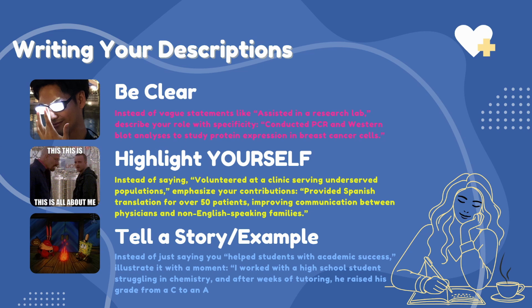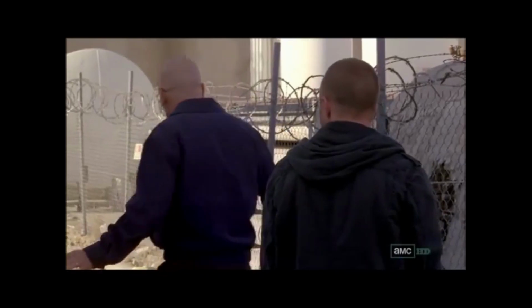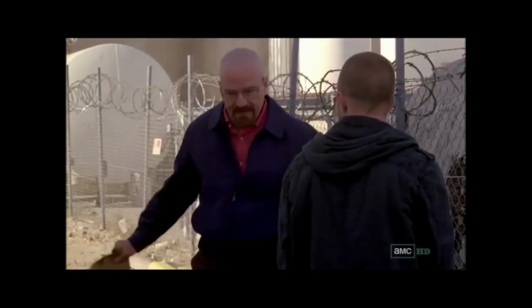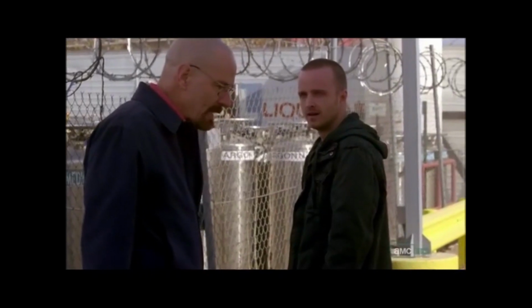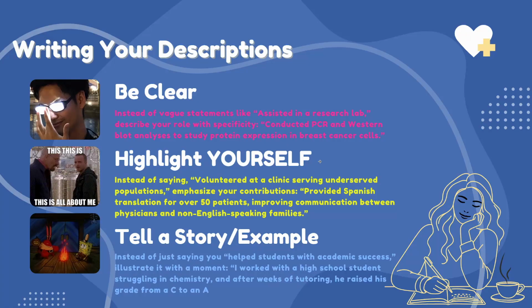Moving on, highlight yourself. It's all about you. This whole thing, all of this, it's all about me. Your activity descriptions should focus on what you did, not just the general responsibilities of the role. Highlighting your individual impact makes your application more compelling and personal.